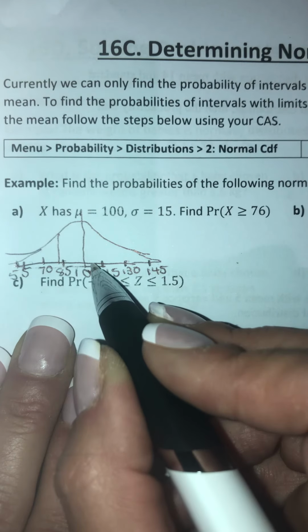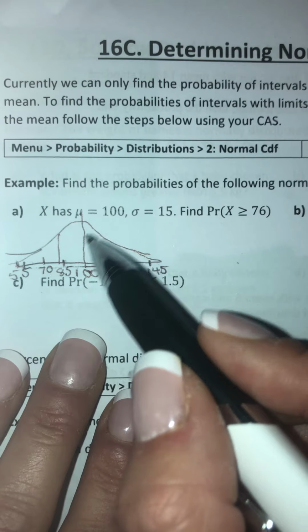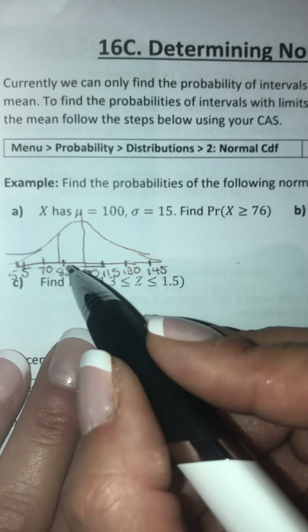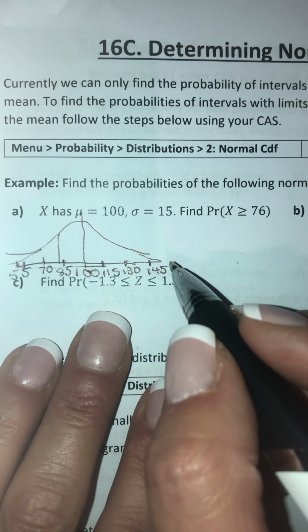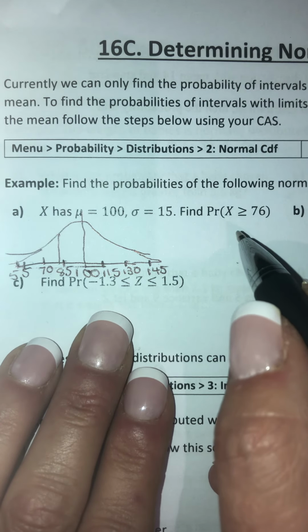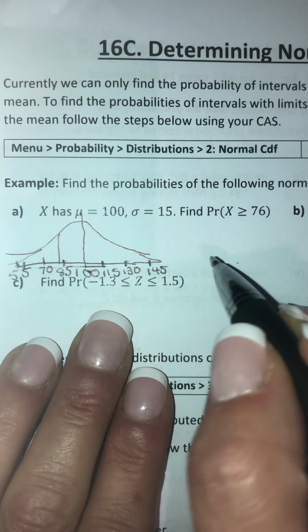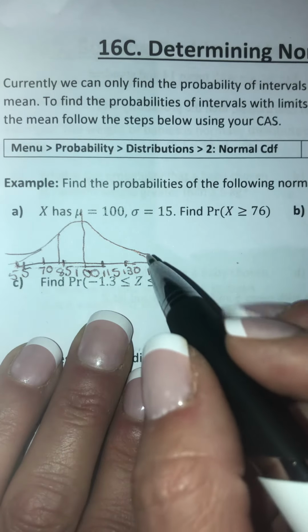It's not a nice 1 standard deviation or 2 standard deviations. So we can't do the normal 50% plus whatever this is. So this is when you need your calculator. So these questions are more than likely not going to be in the non-calculator section. They'll be in the calculator section. If they're in non-calculator, it'll be an educated guess that you are going to make.